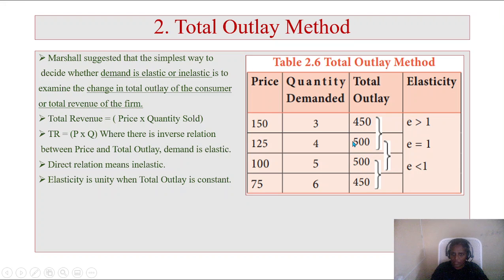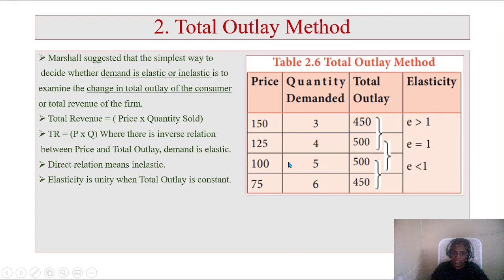So the total outlay remains constant when you buy the second and the third quantity, and the elasticity is equal to 1, it does not change. So that's why the elasticity of demand is equal to 1.